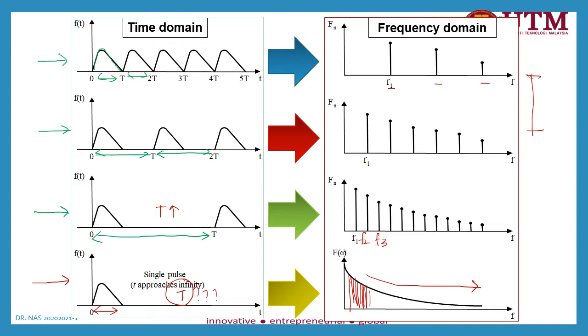So you can't even know which harmonic is which, due to the very high value of T. Therefore, the F is getting very, very small, so you cannot represent each single harmonic. So that's why when T approaches infinity, the spectrum will appear as lines.